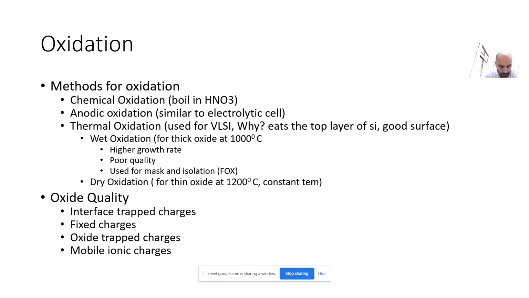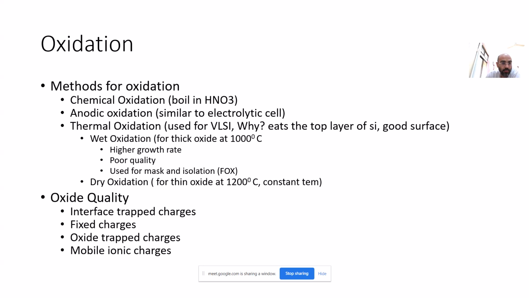So in chemical oxidation, what we do is we boil our wafer in the HNO3 solution. Okay, and then this reaction takes place, and we get silicon dioxide and the byproducts.